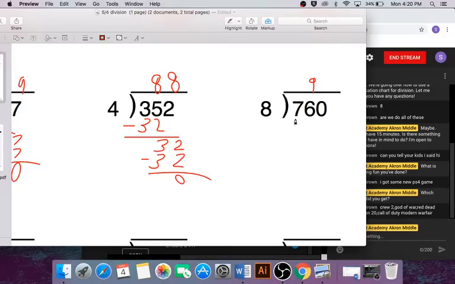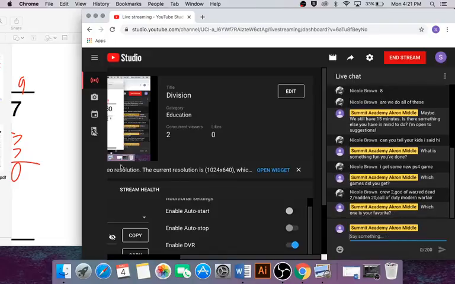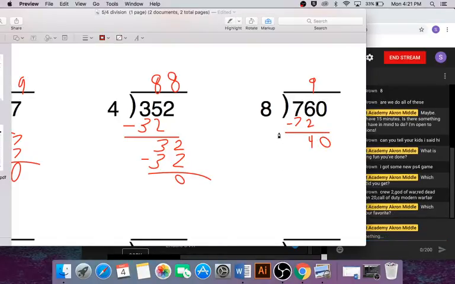9 times 8 we said was 72. So we're going to subtract. 76 minus 72 is 4. And then we bring down our 0. Now we have to figure out how many times 8 goes into 40.